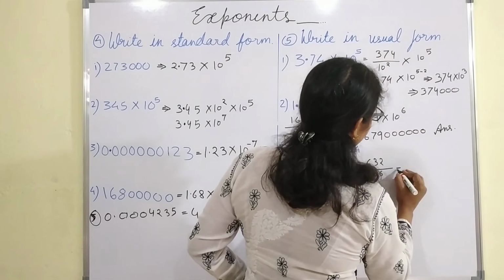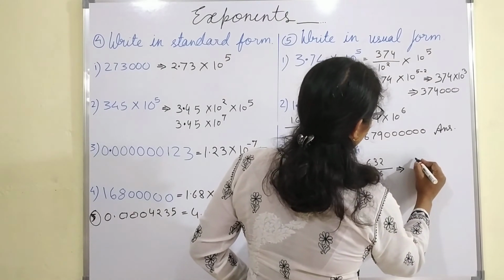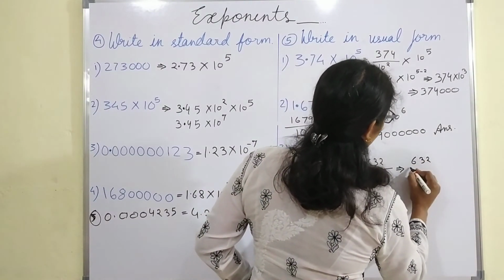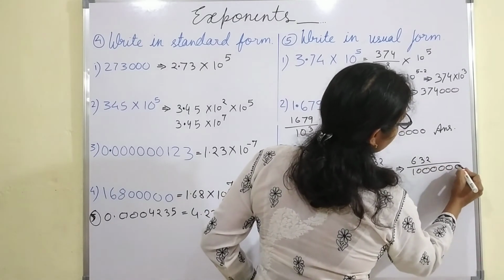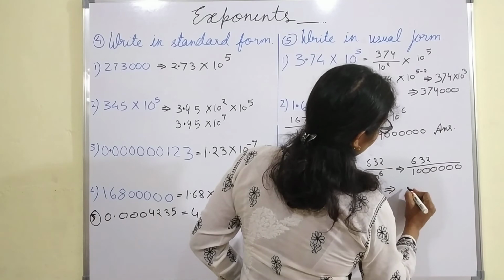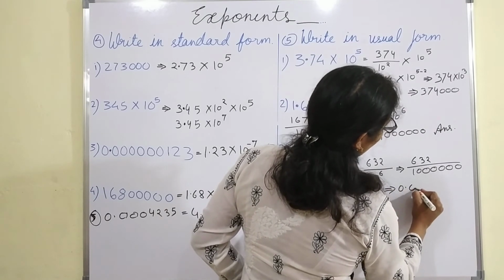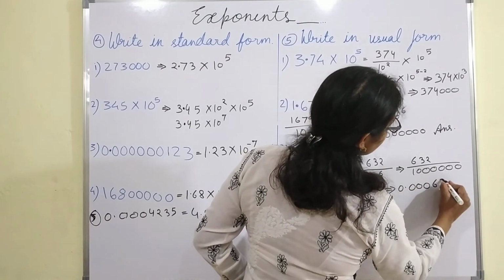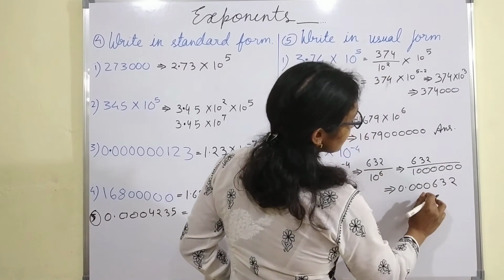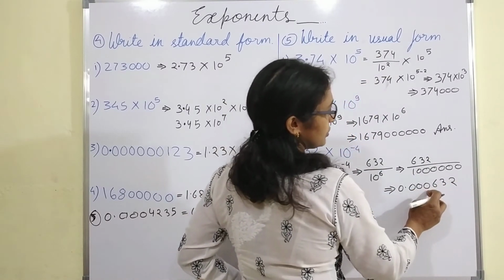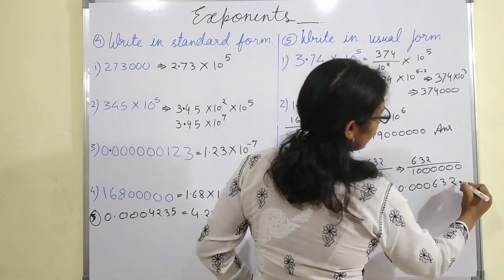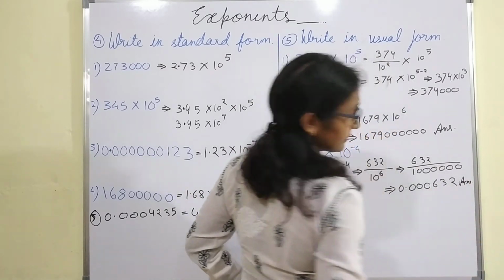So it will become 632 upon 1, 2, 3, 4, 5, 6. So your answer will be 0.000632. It will be your answer.